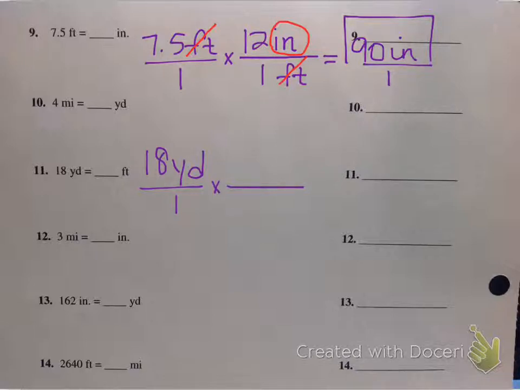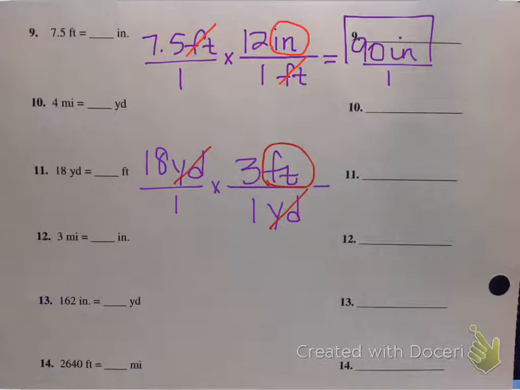My yards are going to go on the bottom, and we know that 1 yard is 3 feet. And again, I chose to put my yards on the bottom so that it would cancel with my yards on the top. I could have put 1 yard over 3 feet, but that wouldn't have helped me cancel my units. This leaves me with the units that I want, which is just feet.